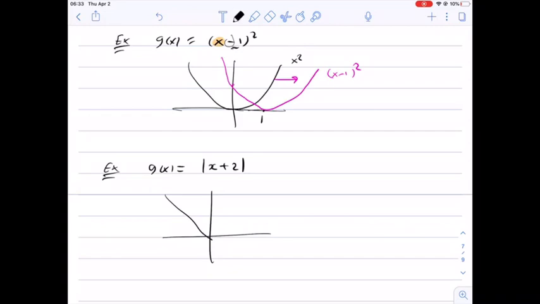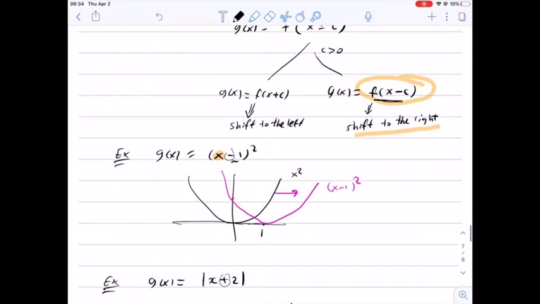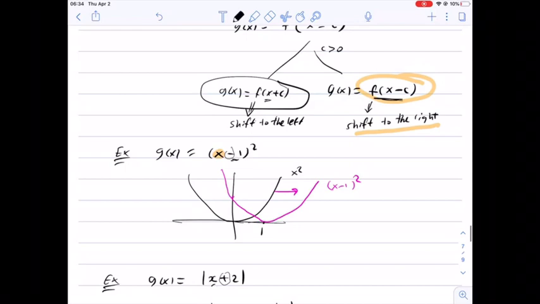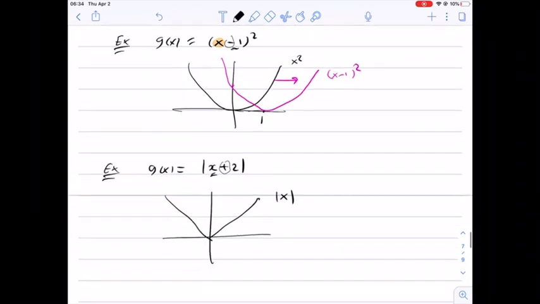The basic function is the absolute value function. This is absolute value of x. This is the basic function. Now we added some constant. We added 2. That means if we add some positive constant to the variable of the function, we make a shift to the left. If we add, we make a shift to the left. So how many units? 2 units.